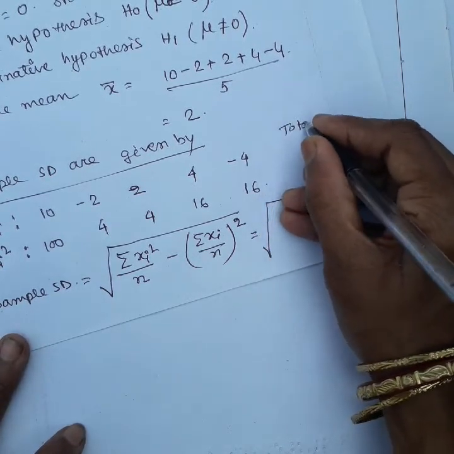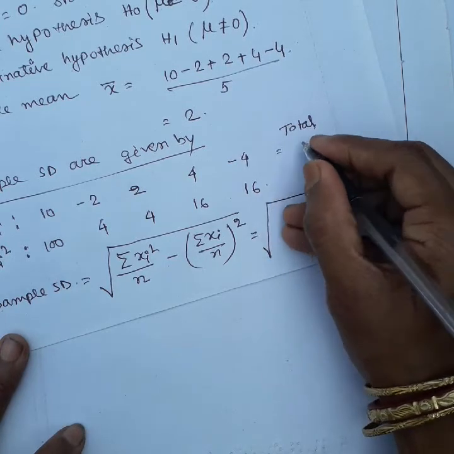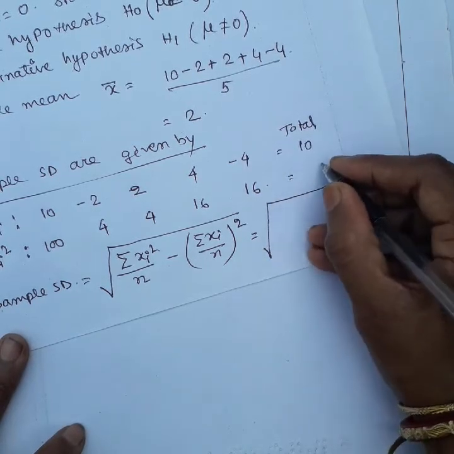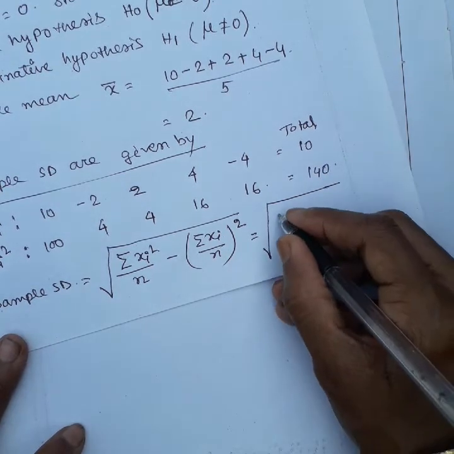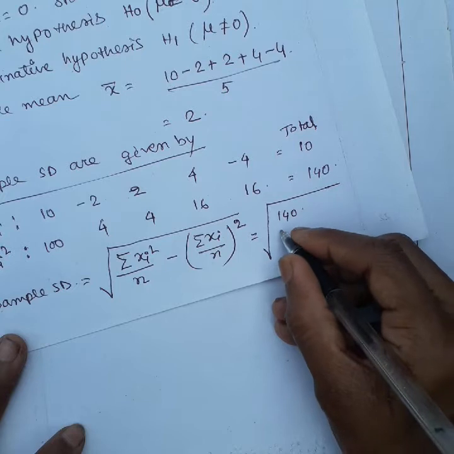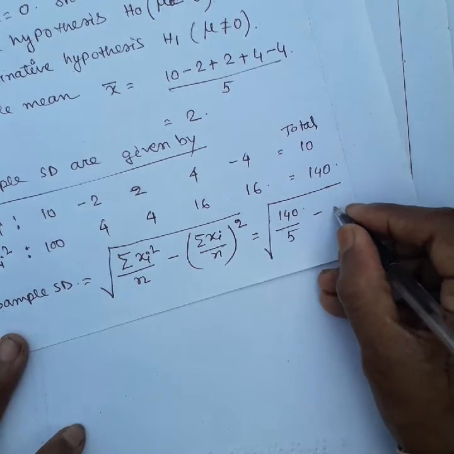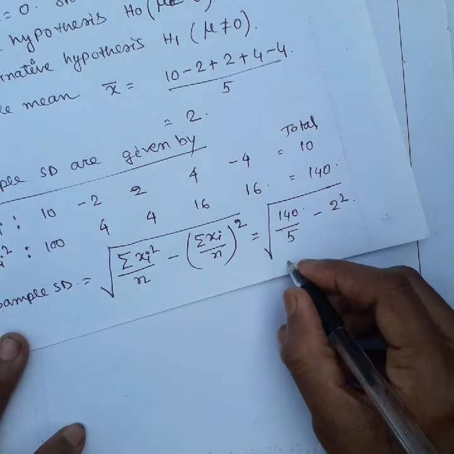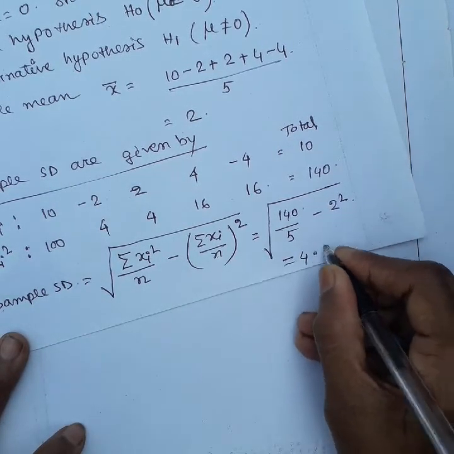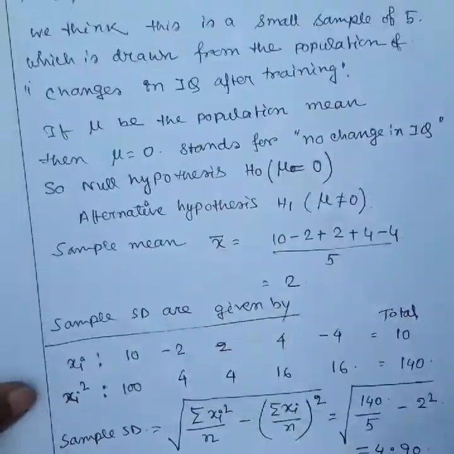The total of xi is 10 and the total of xi square is 140. So it is 140 by 5 minus 10 by 5, that is 2 square. So this value is 4.90. This is the sample SD.